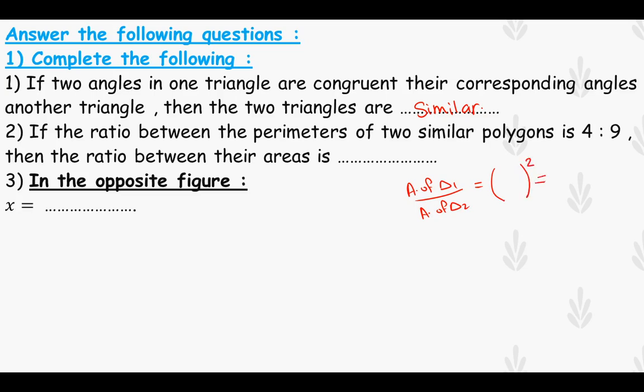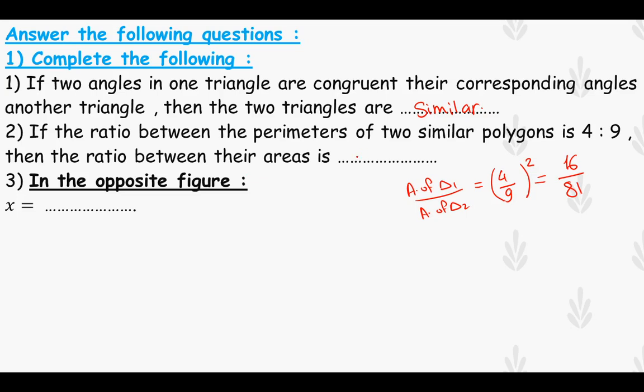And the ratio between the perimeters of triangles equals the ratio between the two corresponding sides. Here the ratio between the perimeters of two similar polygons is 4 over 9. So the ratio between the areas will be 4 over 9 all to the power of 2. So the ratio will be 16 over 81. So the ratio between their areas is 16 over 81.